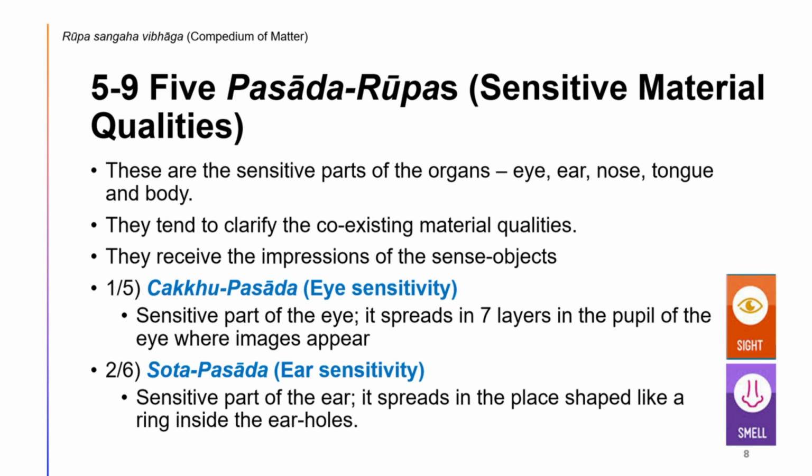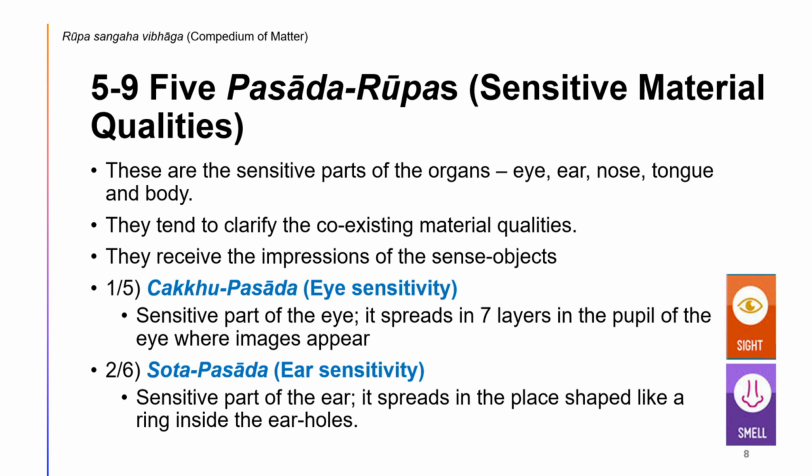To learn how to remember all 28, we have to slowly digest and break them into categories. Next, from number 5 to 9, we have the five pasada rupas, what I call sensitive material qualities.